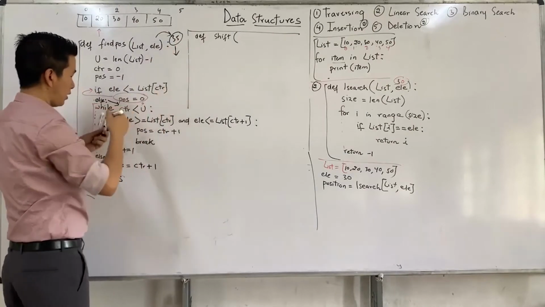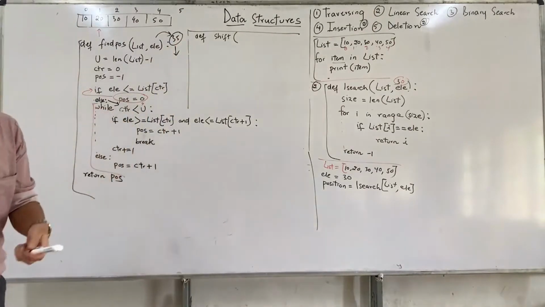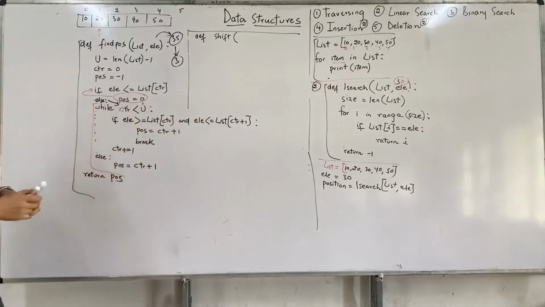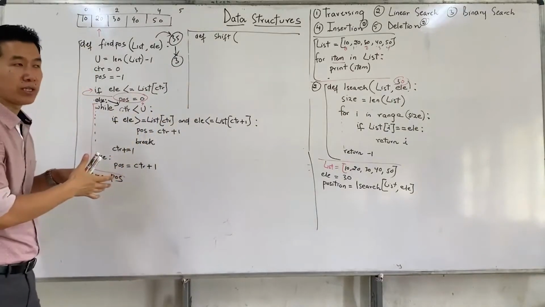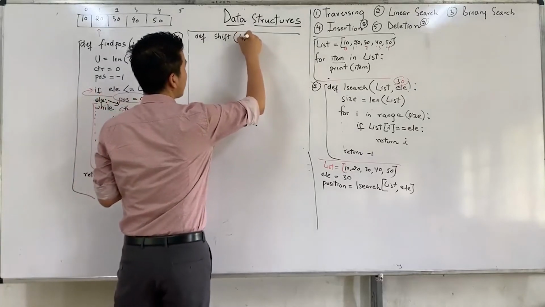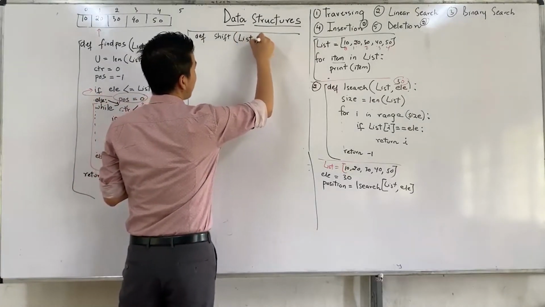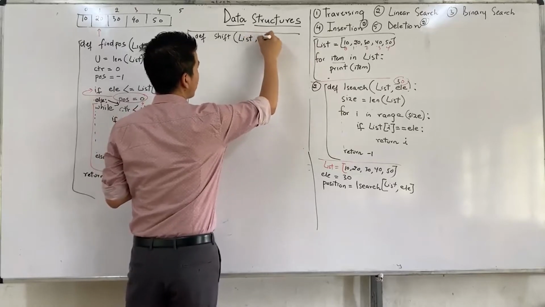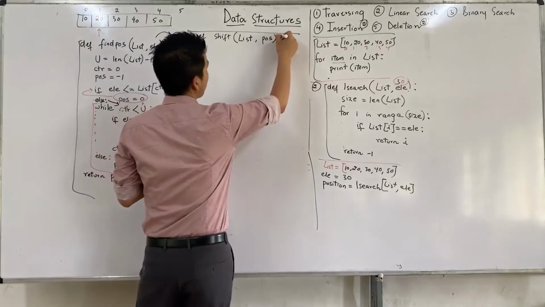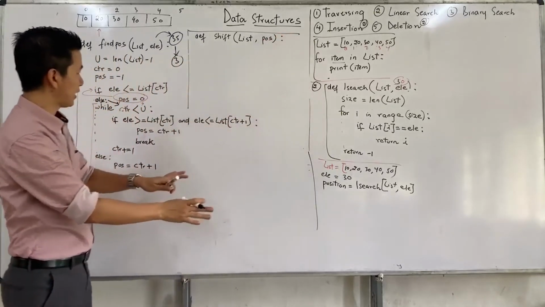The value of position will be 3. And now, the next part of the program will be shift. You again have the list followed by the position, which will be POS. I'll be writing the main part of the program a little later.